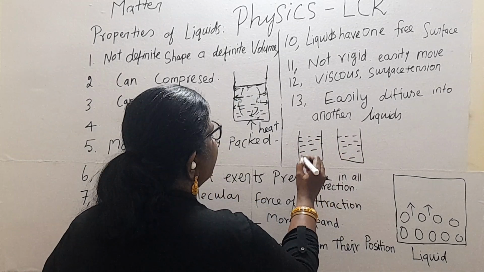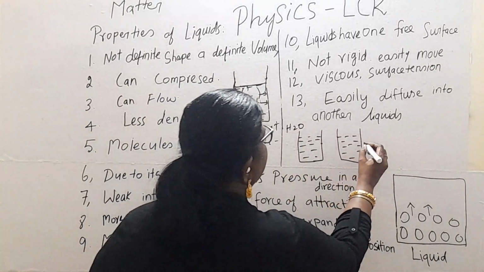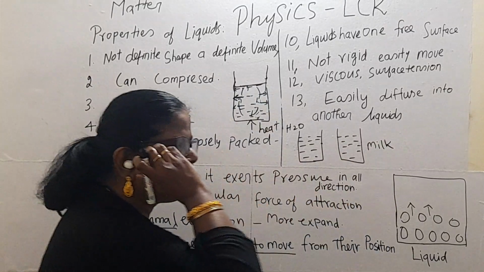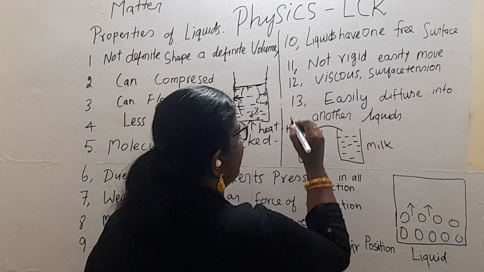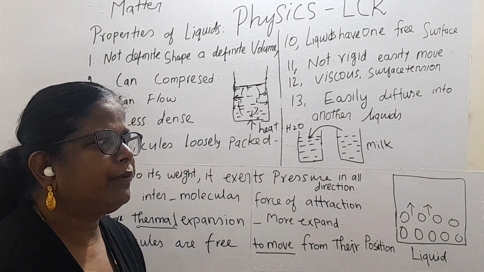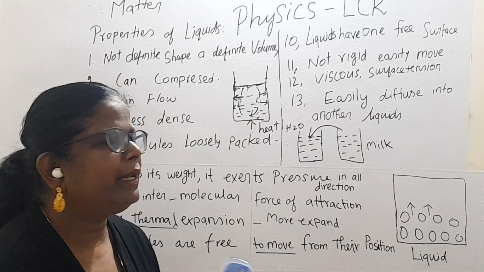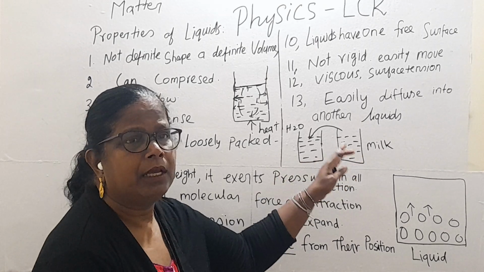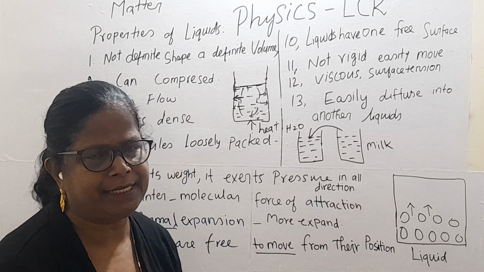Put the milk into the water and stir it. It becomes a milky color, and you can't see water and milk separately. It is going to diffuse and mix easily.